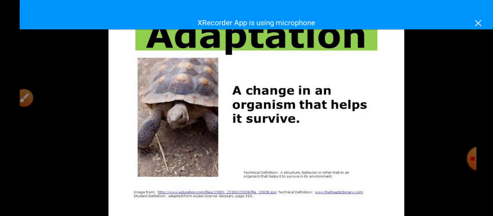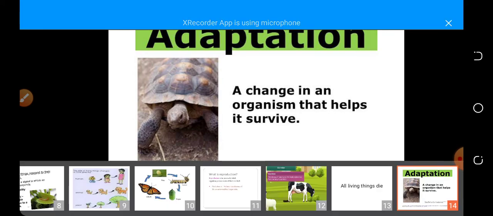Whenever there is danger, the tortoise will enter its shell. That's adaptation. Whenever there is cold, as human beings, we are able to cover up ourselves. Whenever there is heat, we are able to expose ourselves. So you find out that no matter what happens in the environment, living things are able to adapt. So those are the characteristics of living things.